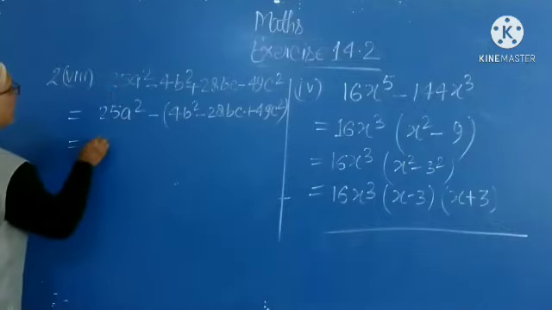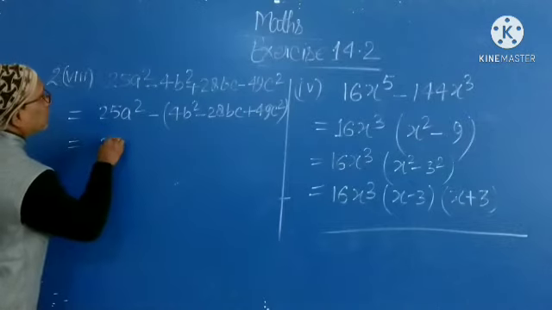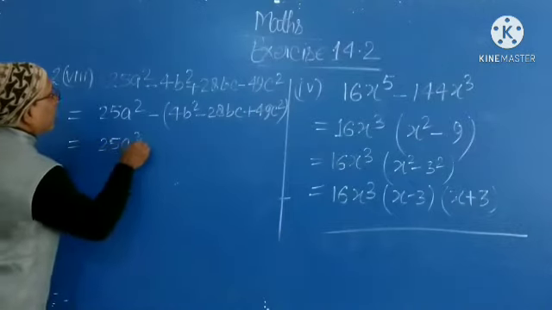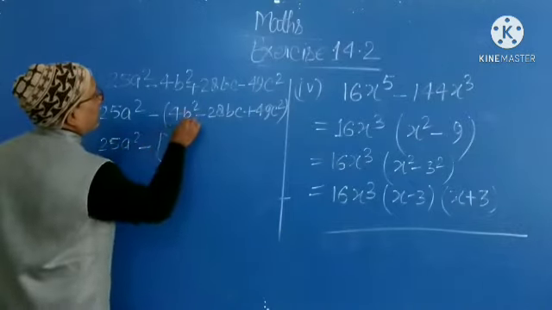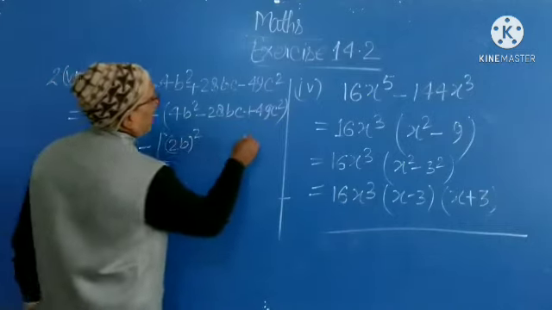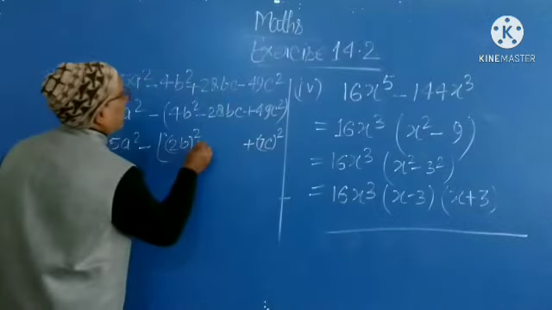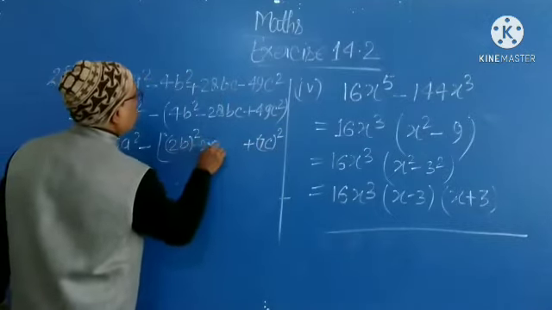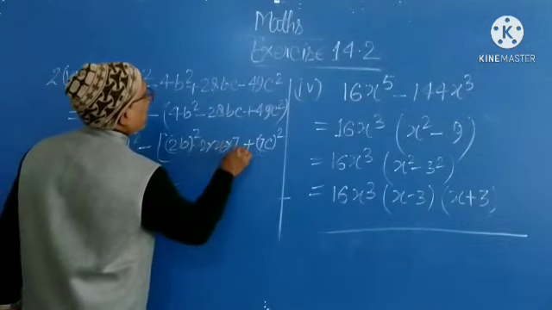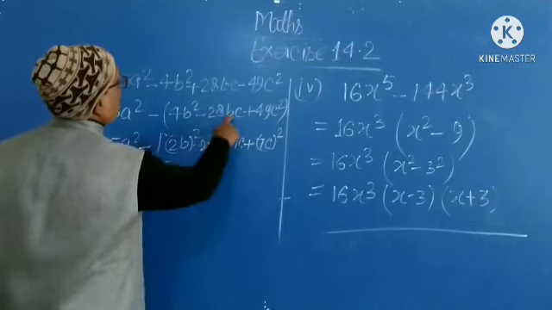This means you write here 25a square minus, in the bracket you write (2b) whole square and here is (7c) whole square. Then in the middle you write 2 into 2b into 7c. You get 28bc.